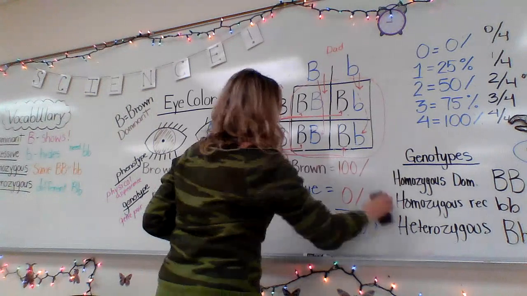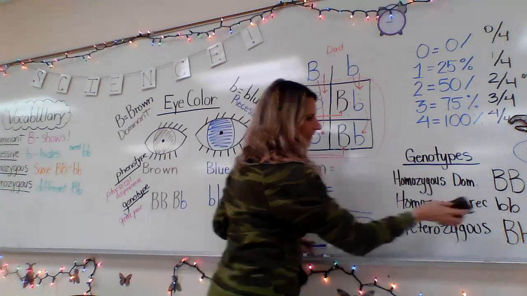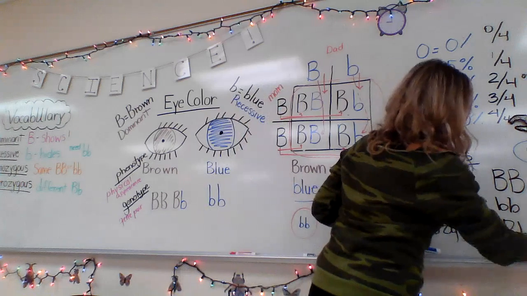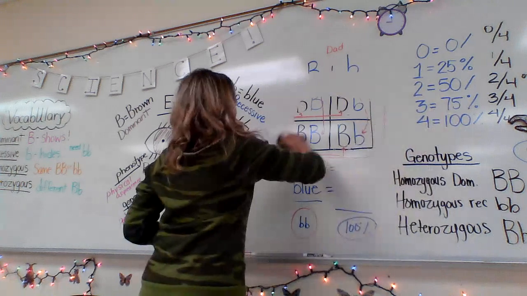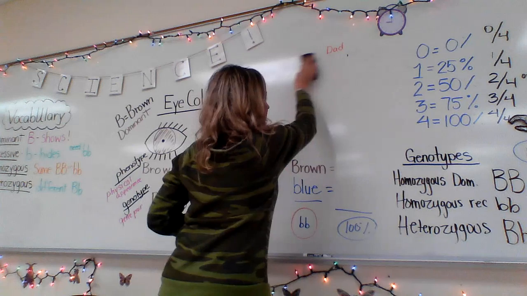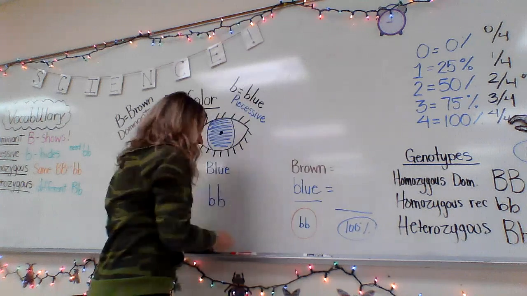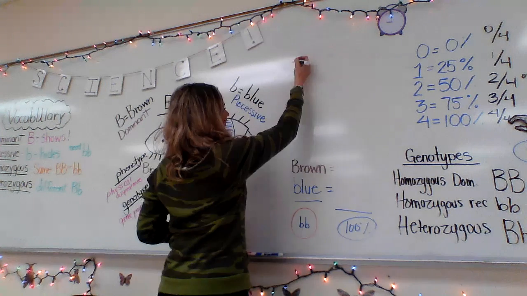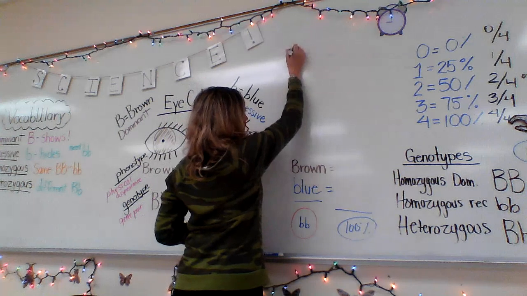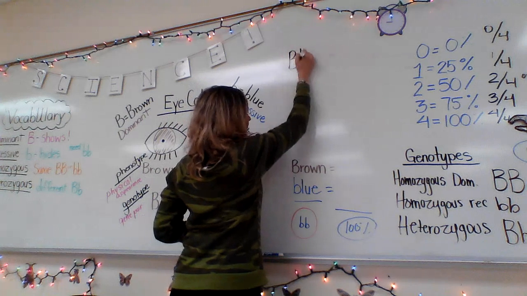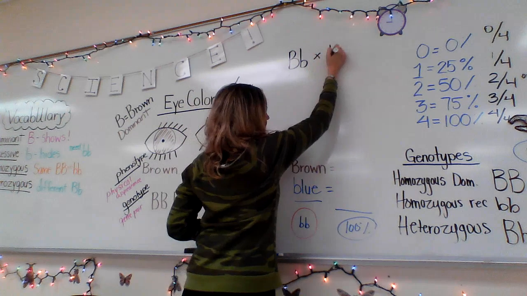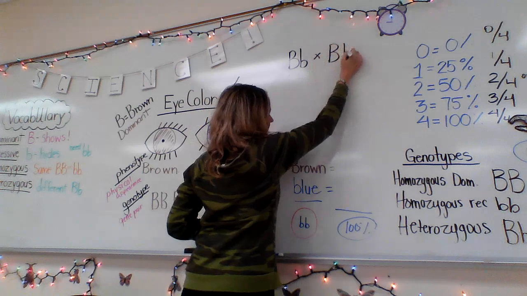This time, I'm going to give you the parents and ask that you figure out the Punnett square on your own. Okay? This time, we're going to do 2 hybrids, 2 heterozygous parents.